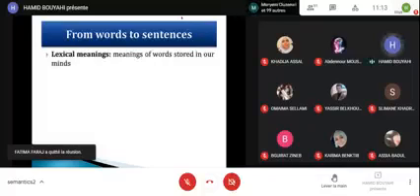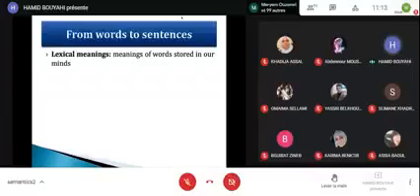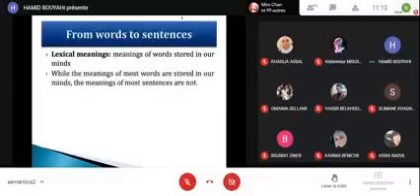We have lexical meanings of words stored in our minds. It's related to content words, in a sense. While the meanings of most words are stored in our minds, the meanings of most sentences are not. And that's the problem that we have. So the meanings of words, as Sliman has just said, we know, but we don't really have in our minds the meanings of all sentences.